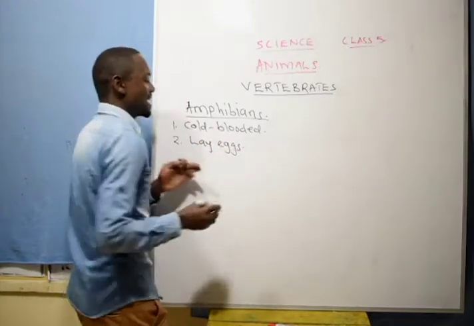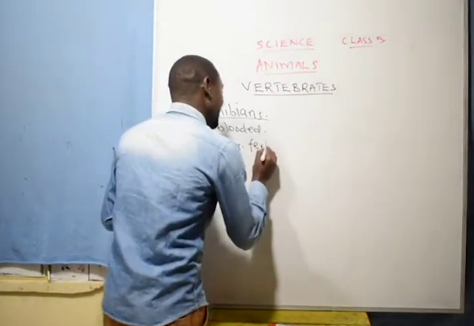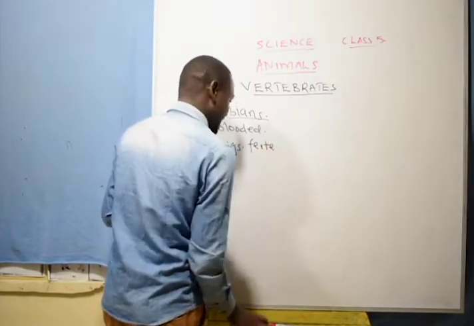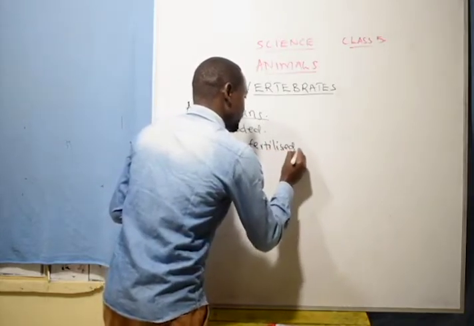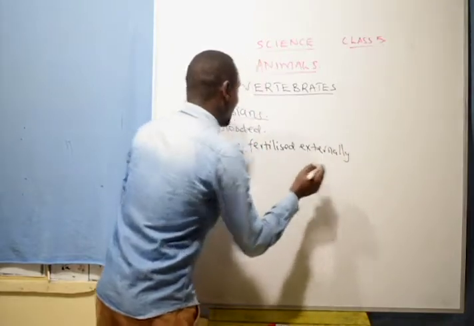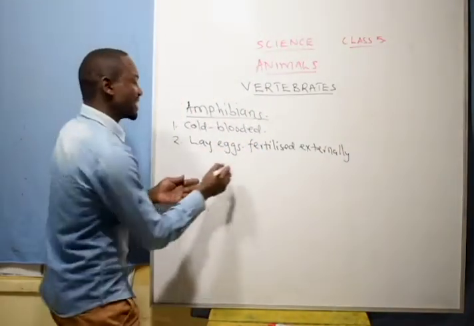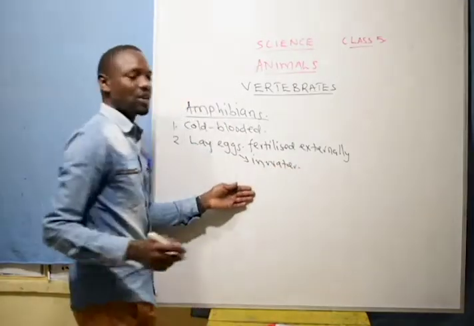They reproduce by laying eggs. These eggs are fertilized externally. They have external fertilization. Another thing is that amphibians lay their eggs in water.